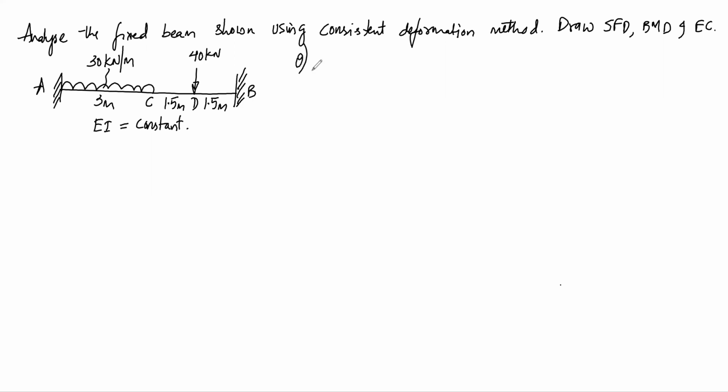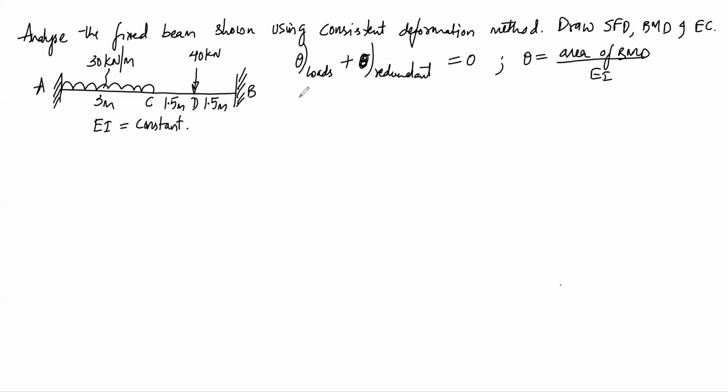One is theta due to loads plus theta due to redundant is equal to 0, and theta is represented as area of BMD divided by EI.